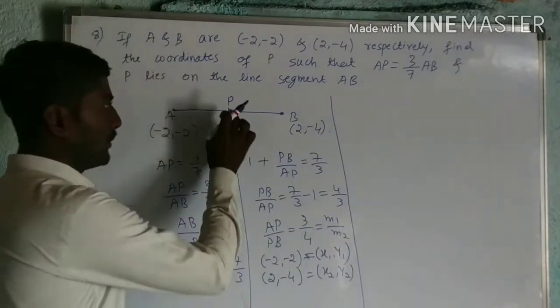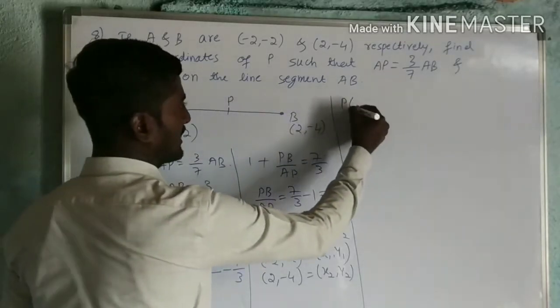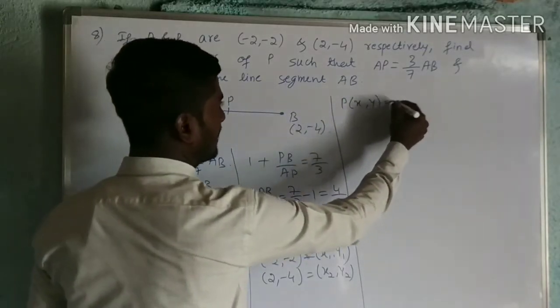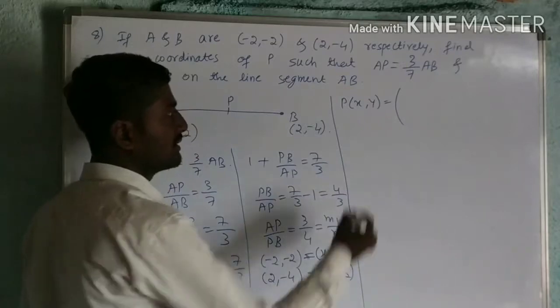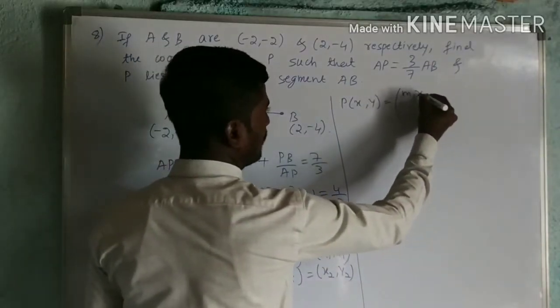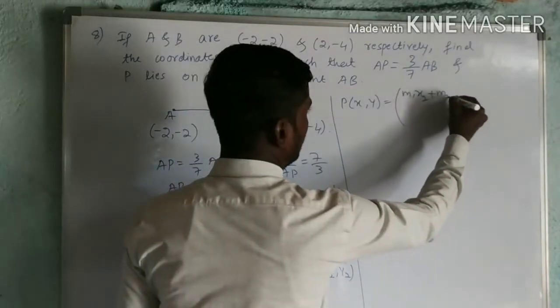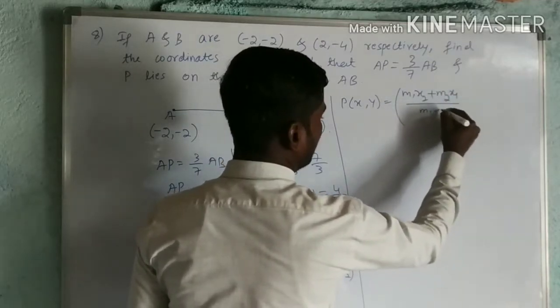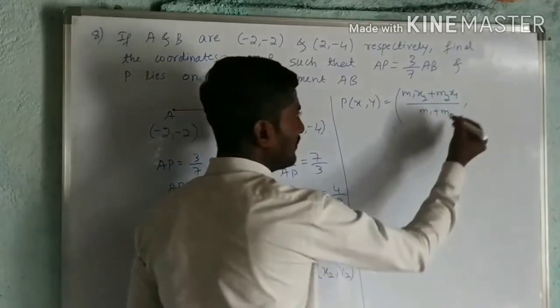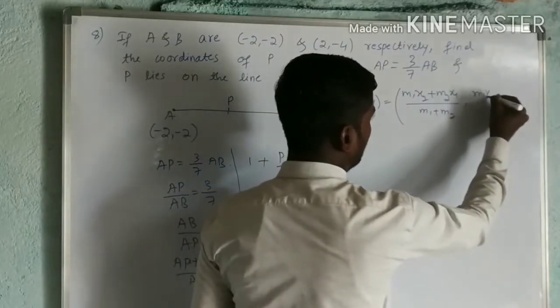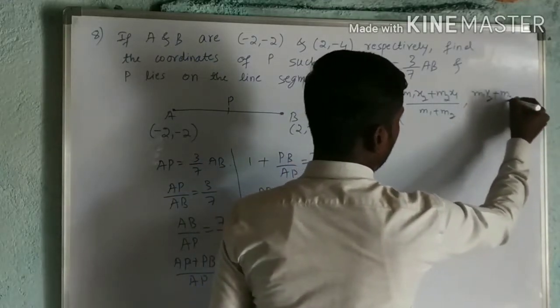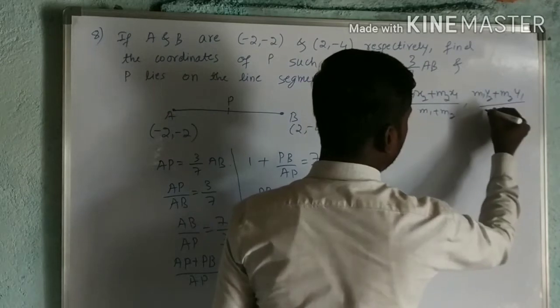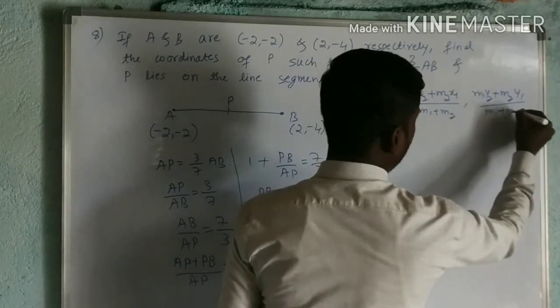Now we have to find the point P of x, y. Now we can write the formula: M1 x2 plus M2 x1 divided by M1 plus M2, comma, M1 y2 plus M2 y1 divided by M1 plus M2.